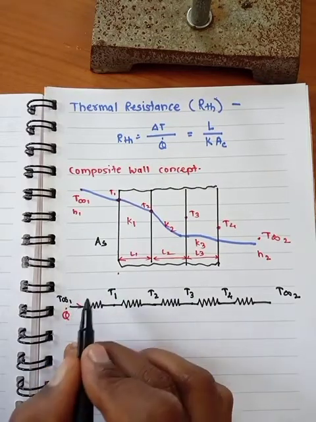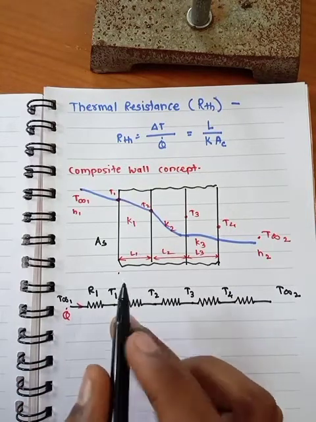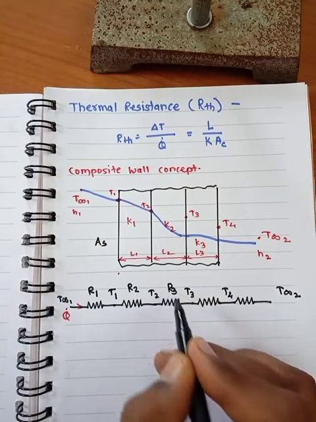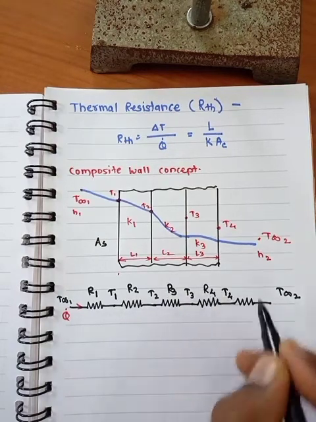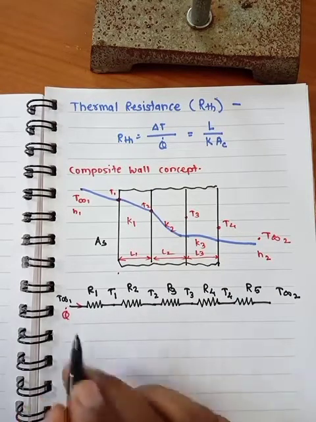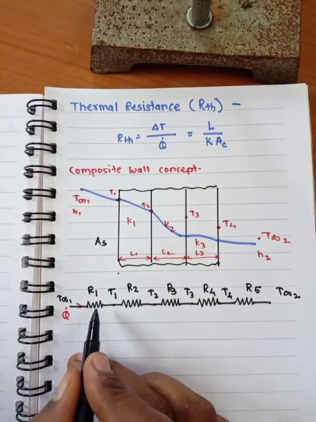Now the first resistance we will denote as R1, then R2, R3, R4 and last is R5. We already know R1 is the heat transfer by convection.